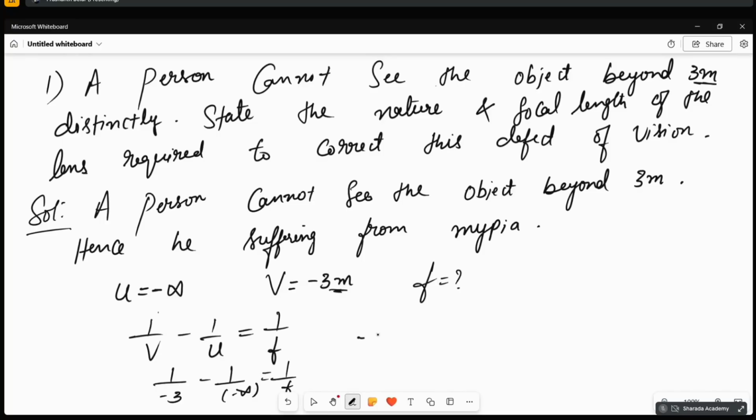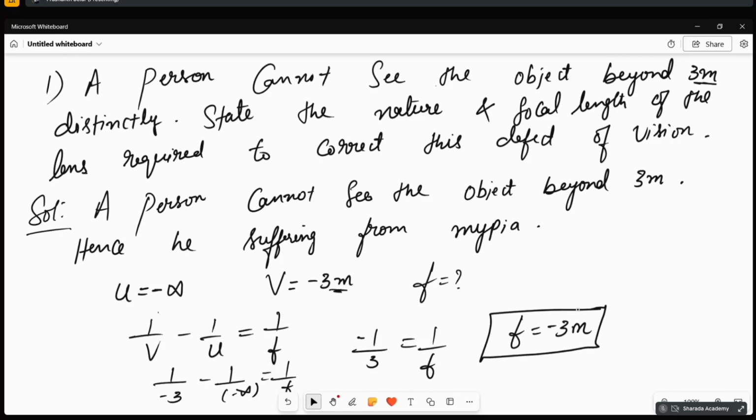So minus 1/3 equals 1/f, or f is equal to minus 3 meters or 300 centimeters. Minus indicates a concave lens. So we have to use a concave lens.